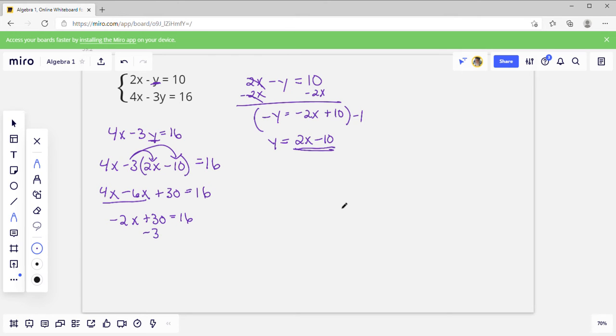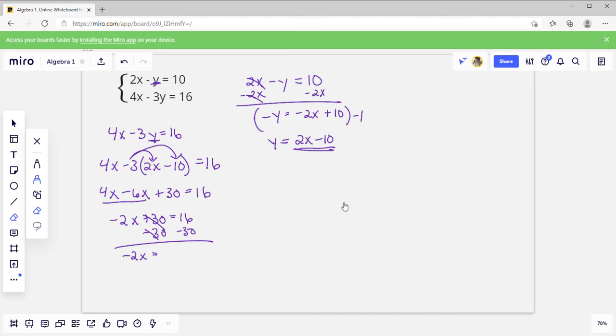Now I'm going to subtract 30. And I get negative 2x equals 16 minus 30. 16 minus 30 would be negative 14, because our 30 is bigger.